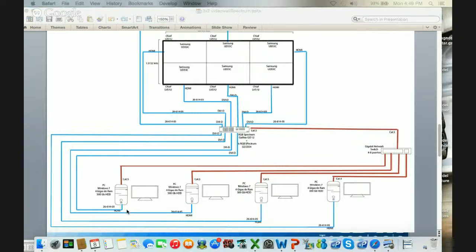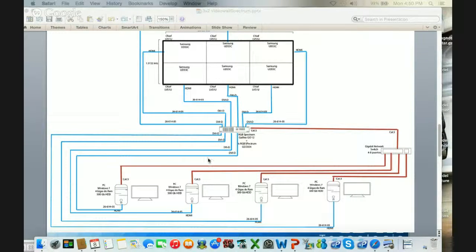Whatever live content we have on these computers, through an HDMI to DVI cable, we will transmit the signal to the video processor. It is very important that we choose a very good quality cable. In this case, we have chosen the Extron 26-614-05 for the HDMI to DVI cable.